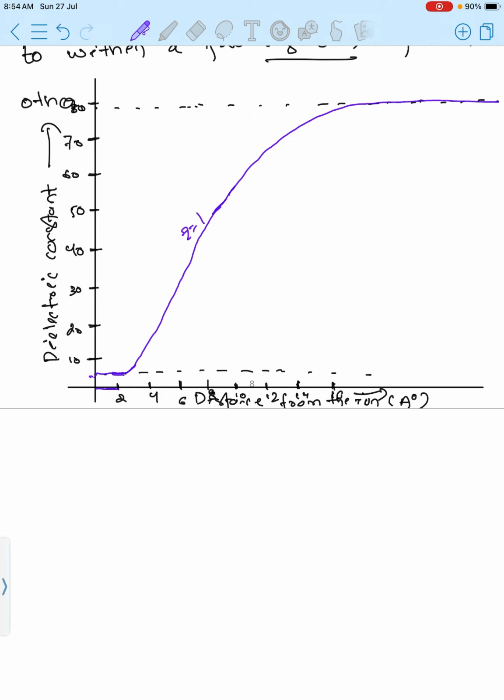Similarly, for Z equal to 2, we are observing a similar type of curve.